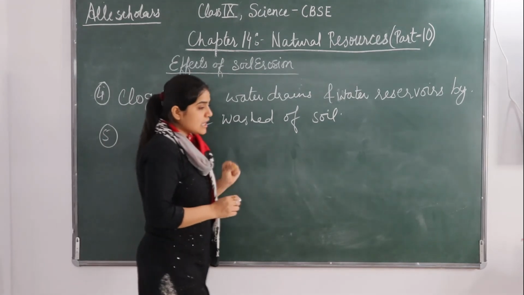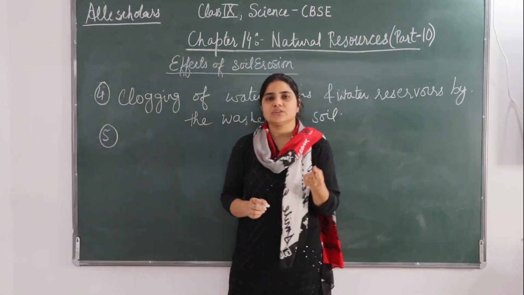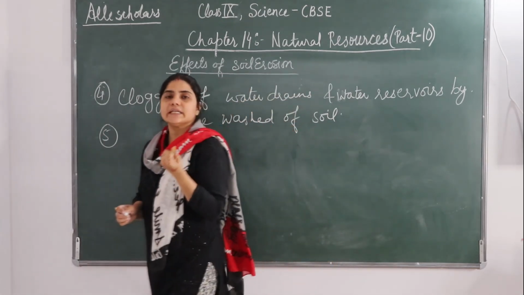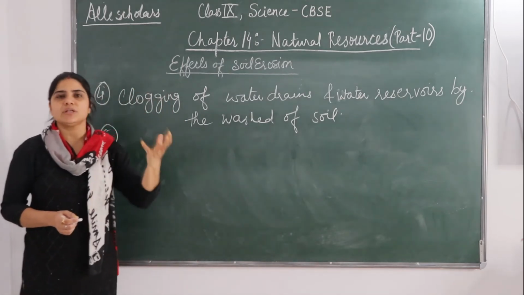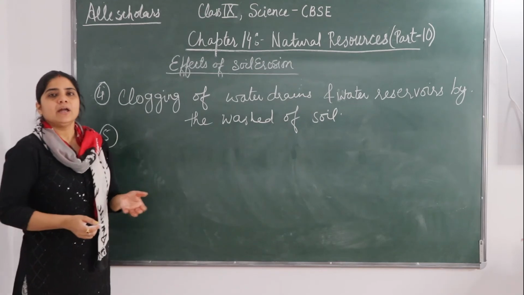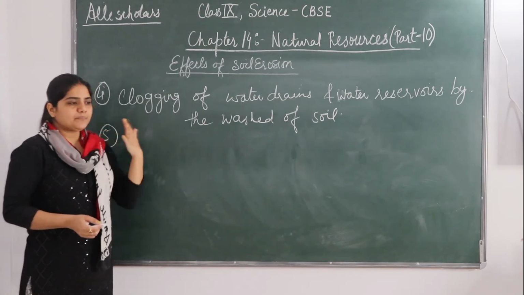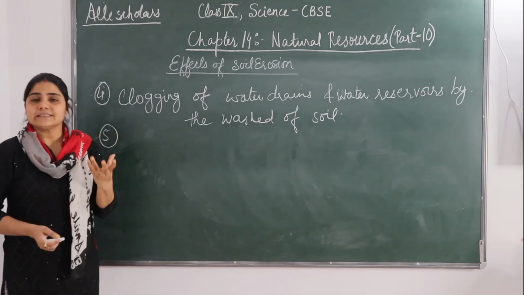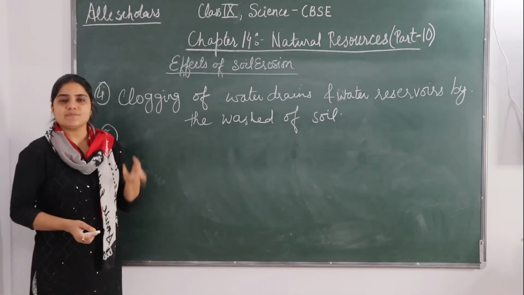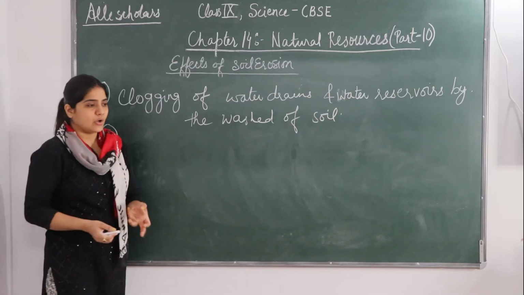Next, what happens when there is a soil erosion? It also leads to increased pollution. Soil erosion की वजह से pollution भी बढ़ता है, okay? Because ये pollution इसलिए बढ़ता है, and even the sedimentation in the streams and rivers takes place, okay?